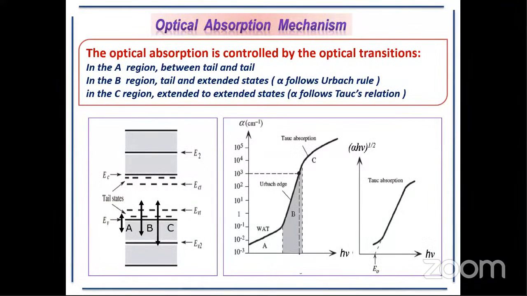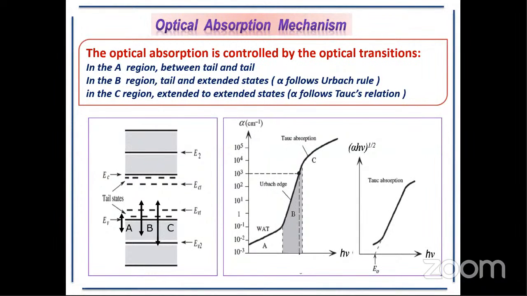Then the optical measurements. All of us know that the optical absorption is controlled by the optical transitions. This is a schematic diagram where we have divided our spectra into three different regions, designated as region A, B, and C. In region A, the transition is taking place from tail to tail.